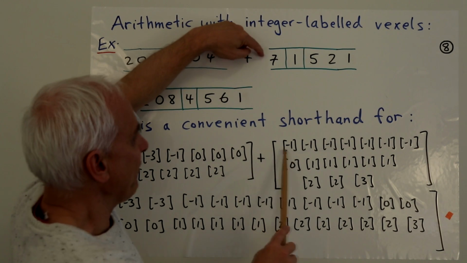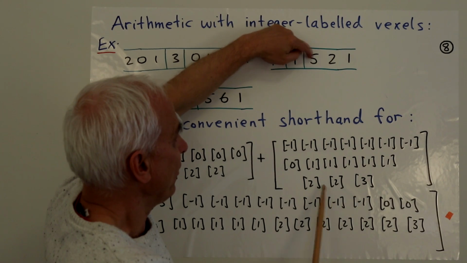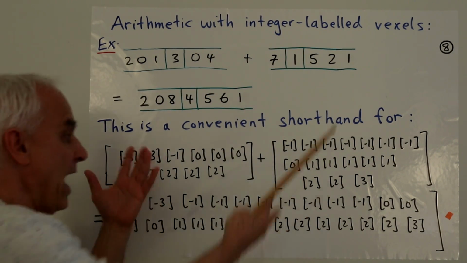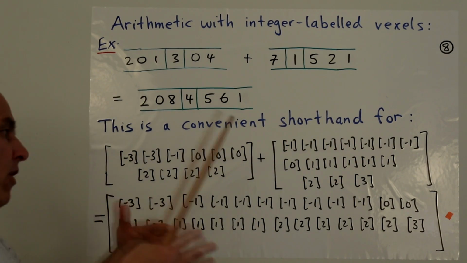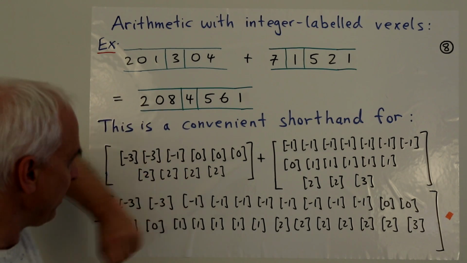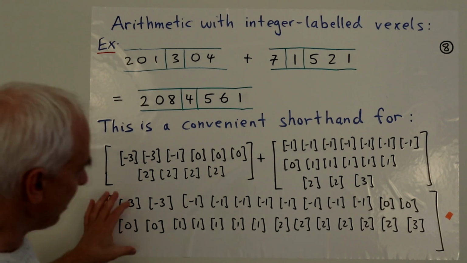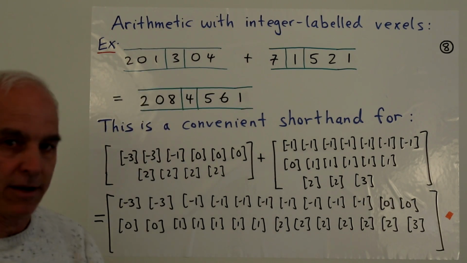And over here we have 7 -1s, a single 0, 5 1s, a couple of 2s, and a 3. And when we add them, what we're really doing is multiset addition. We're just putting all these singletons together in the same box, or multiset, and then we get this whole collection here. And that's really what we're doing when we're doing this arithmetic.